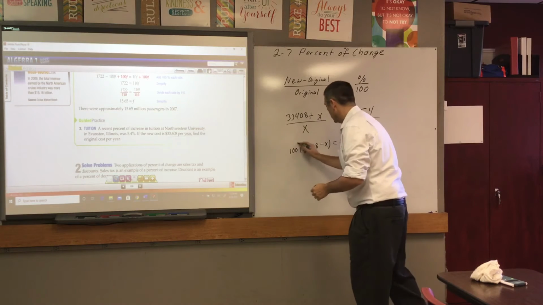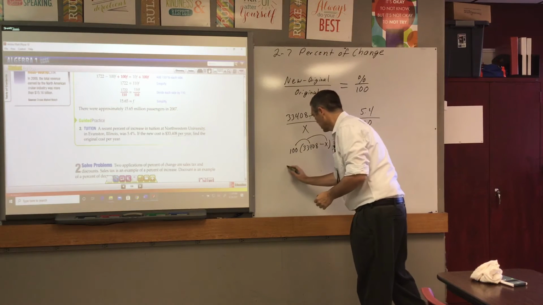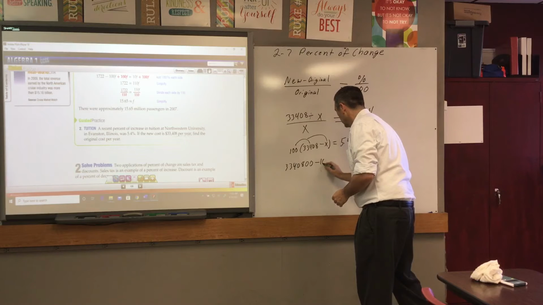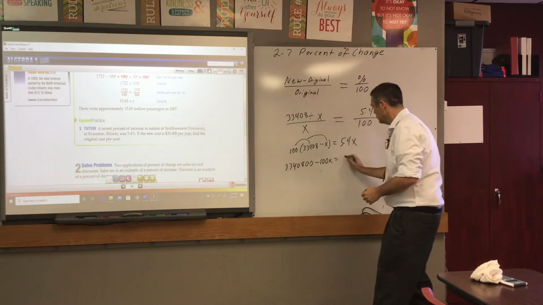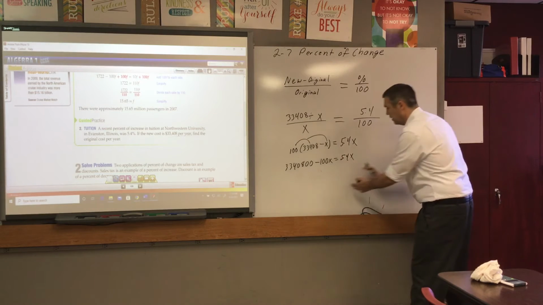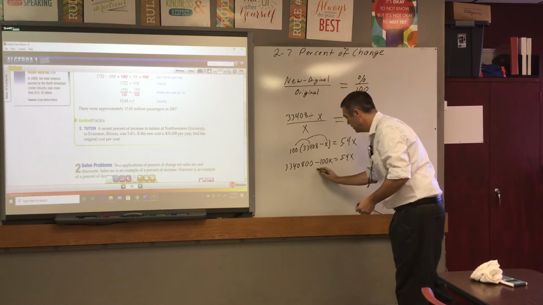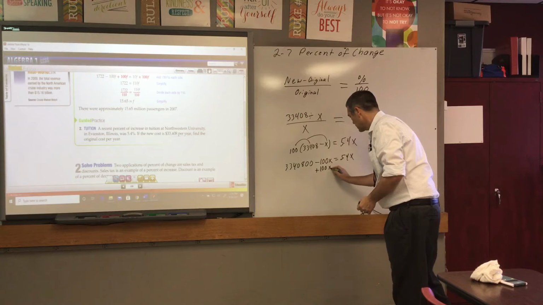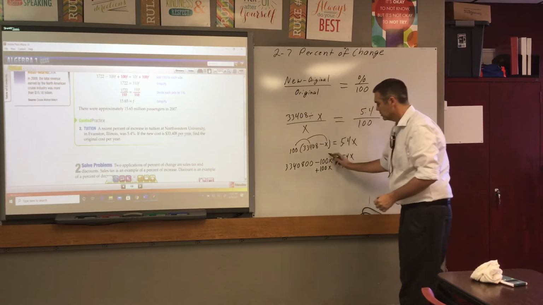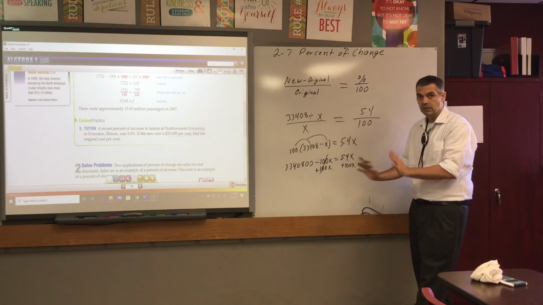Well, no problem. Distributive property here and here. 3340800 minus 100x equals 5.4x. All right, move the variables over. So add 100x to both sides. This will cross that out. That was the whole point, was to get rid of that.